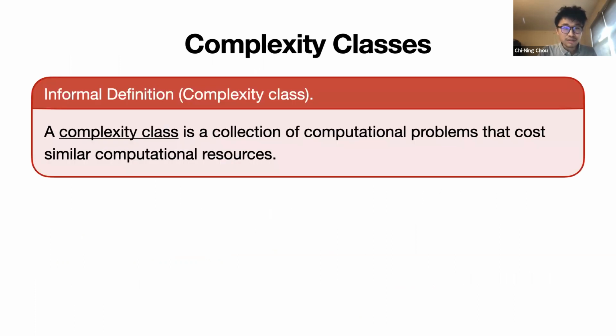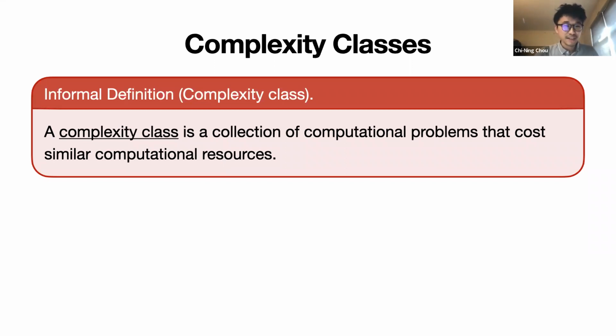Okay, so once you have these kinds of concepts, I can talk about a core concept in the field of computational complexity, something known as complexity classes. To formally define it is slightly involved. So here I decided to use a very informal definition, hoping to convince you and give you the intuition on what complexity classes mean.